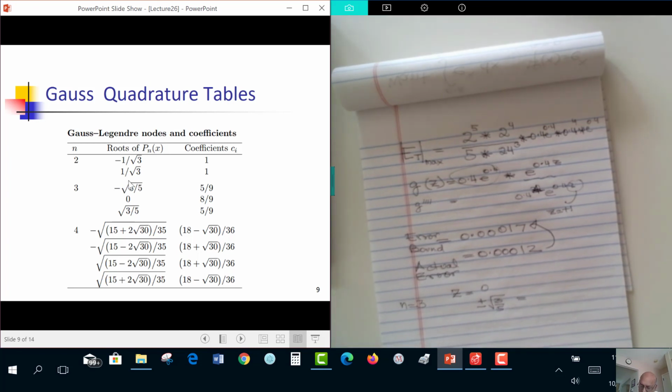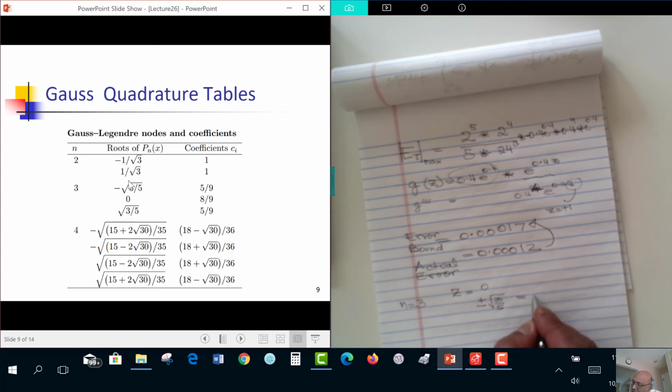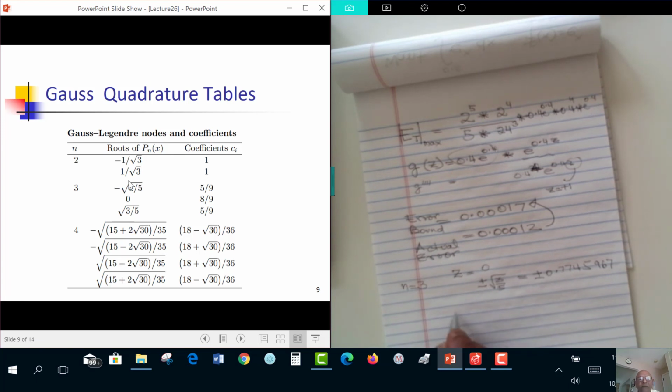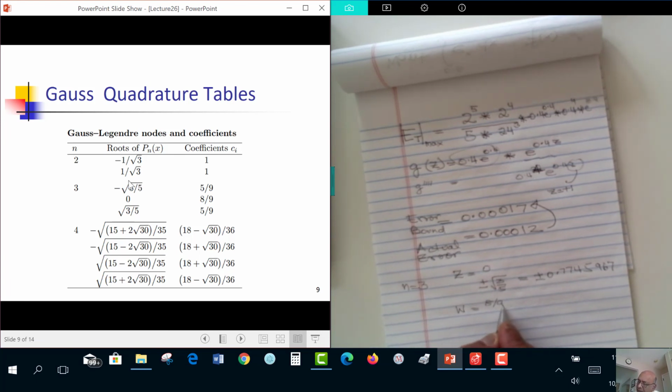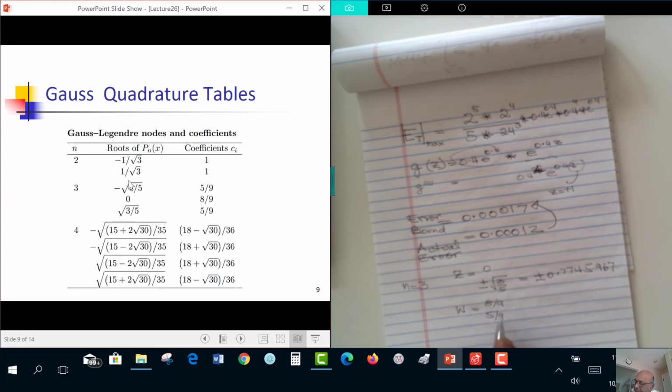So if you do square root of 3 over 5, you will get, to 7 digits, 0.7745967. And then of course our weights are 8/9 and 5/9.